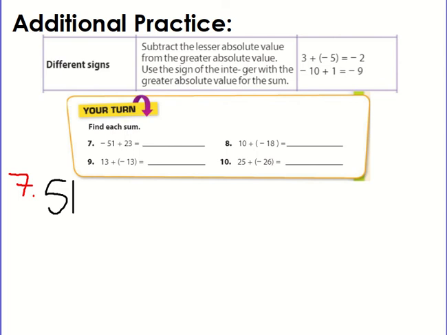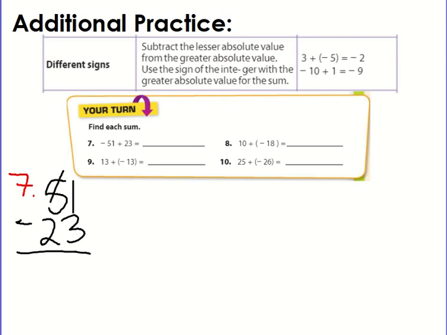And the absolute value of 23 is 23. Since it's lesser, I'm going to subtract it from 51. So that's what the first step says: take their absolute values and subtract the smaller absolute value from the larger absolute value.